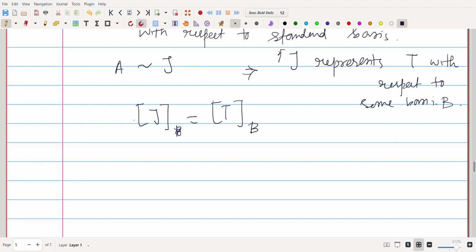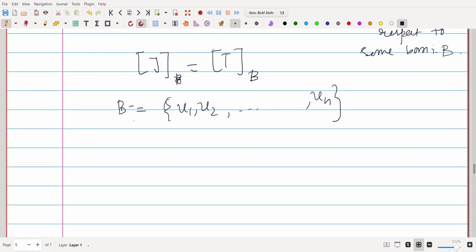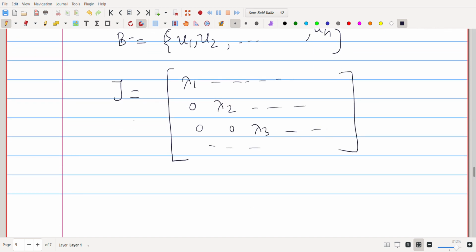So now if I write this basis as U1, U2 up to UN, and if I write J to be, say here it is lambda 1 something this, 0 lambda 2 something this, 0 0 lambda 3 something this, and so on, then you can see that the span of U1, say this is V1, is an invariant subspace. Why? Because T of U1 equals lambda times U1.